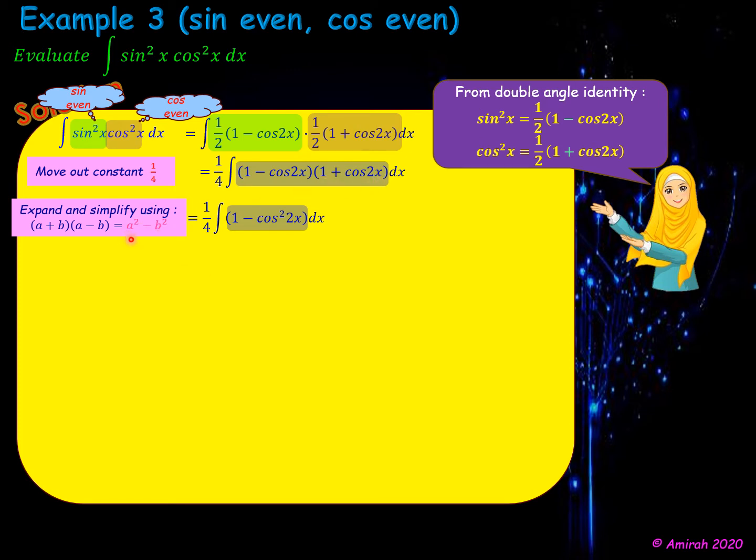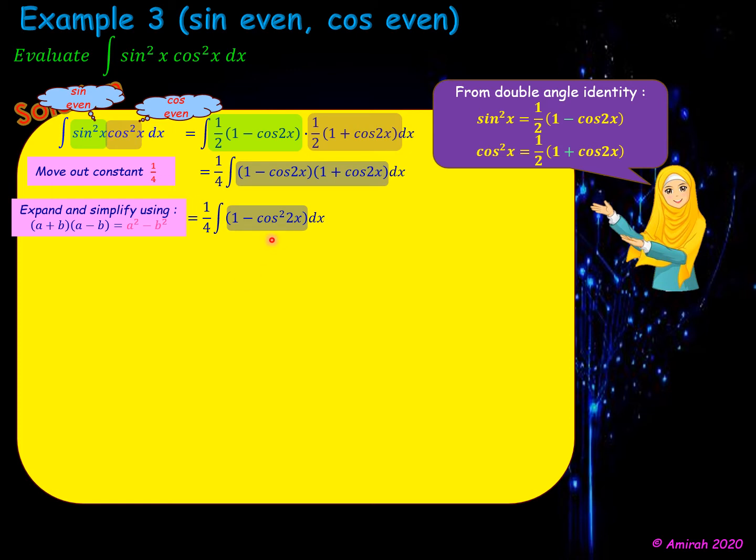So a squared minus b squared means we have 1 squared, which is 1, minus b squared, which is cos squared 2x. Actually, after this, we can integrate 1 by 1. We can integrate 1 with respect to x, so the answer is x.